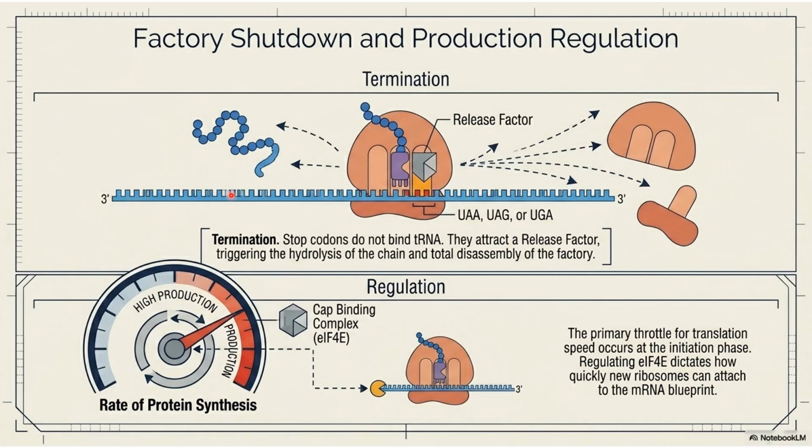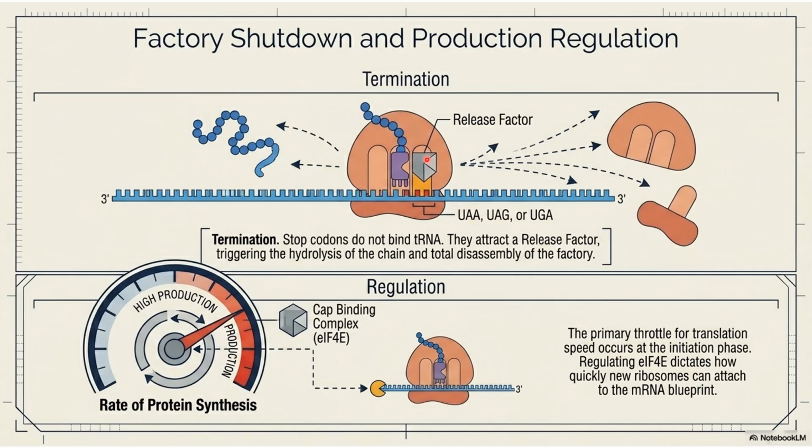So this ribosome is moving here. When it encounters a stop codon at the acceptor site, it will attract the release factor, and this release factor will trigger the hydrolysis of this chain, and the chain will be released out.